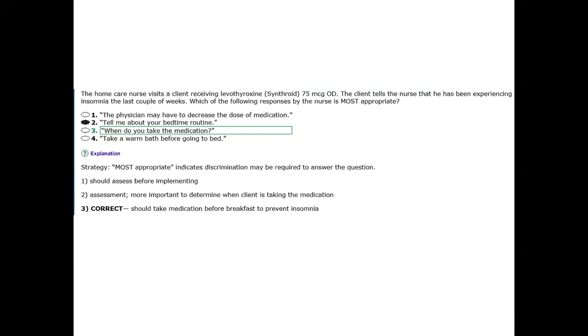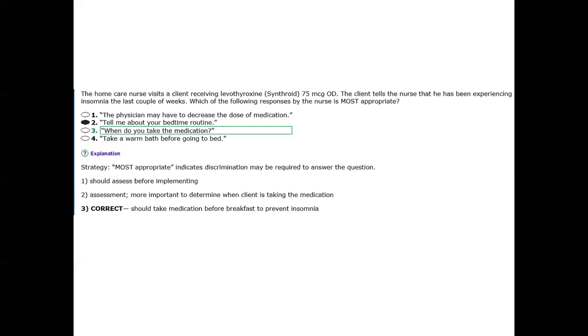Also, levothyroxine can cause insomnia. It is good to take it early in the morning. And definitely levothyroxine has some adverse effects, like patients sometimes complain of flushing, anxiety, headache, insomnia, tachycardia, hypertension, or palpitation.